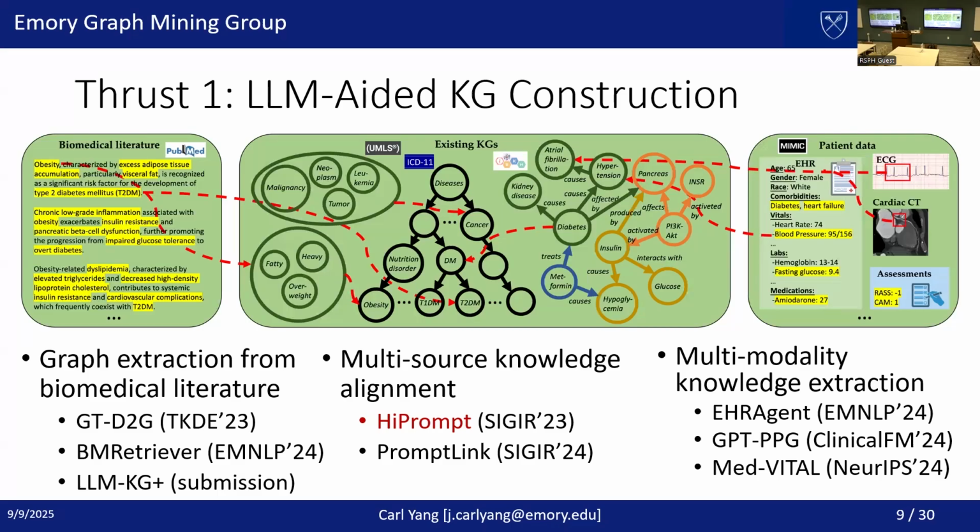One of the works we published last year is MedVital. It's basically done by my student who graduated already. We were looking at medical imaging and the medical reports, right? Like the imaging reports. But the problem is you want to find regions in your medical imaging, right?